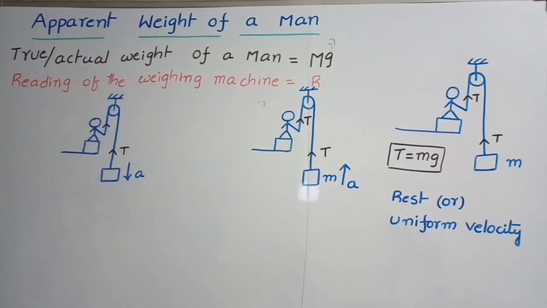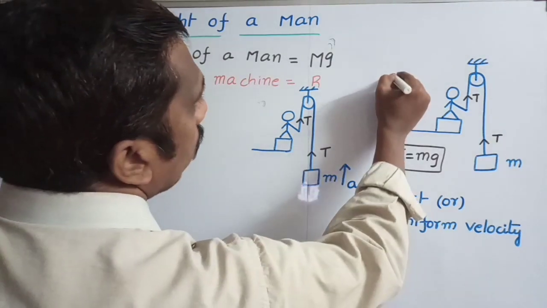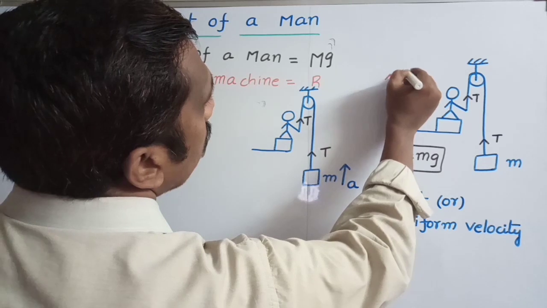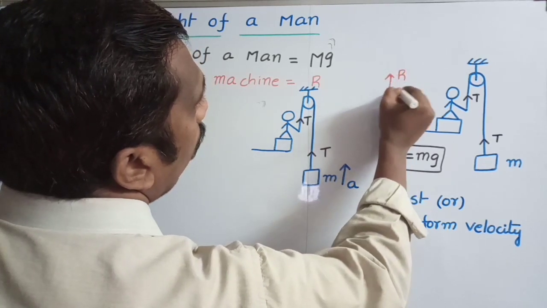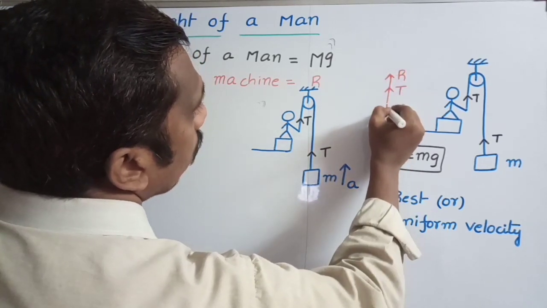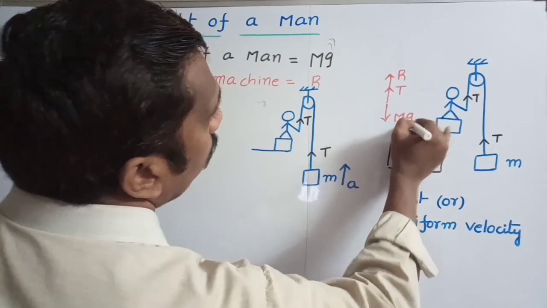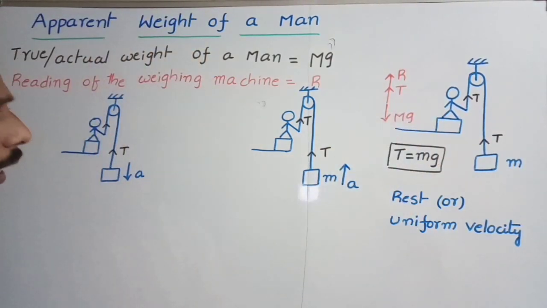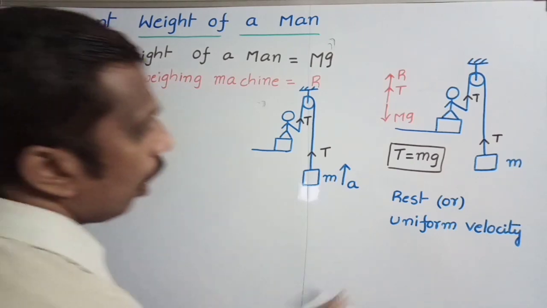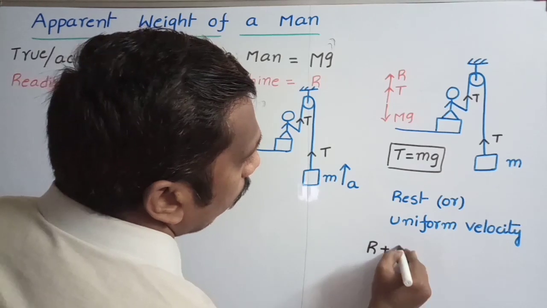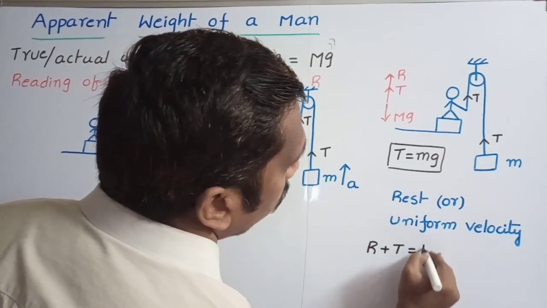If you draw the free body diagram for the man, on the man, reaction force is acting in the upward direction. In addition to this reaction force, tension is also acting in the upward direction. The weight of the person is acting in the downward direction. So in this case, the reading given by the weighing machine, R plus T is equal to the weight of the person.